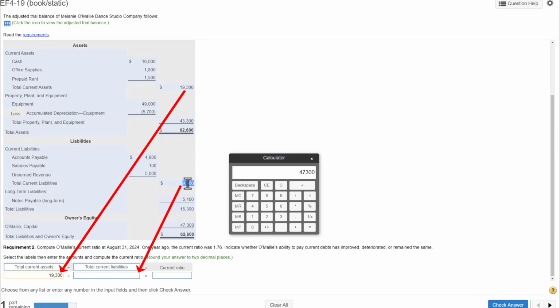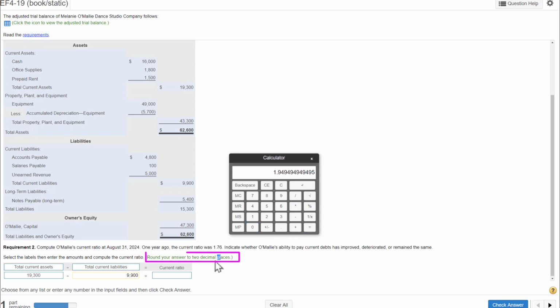Total current liabilities is 9,900. So let me plug that in, 19,300 divided by 9,900 equals 1.94. Round to 2 decimal places, 1.95.